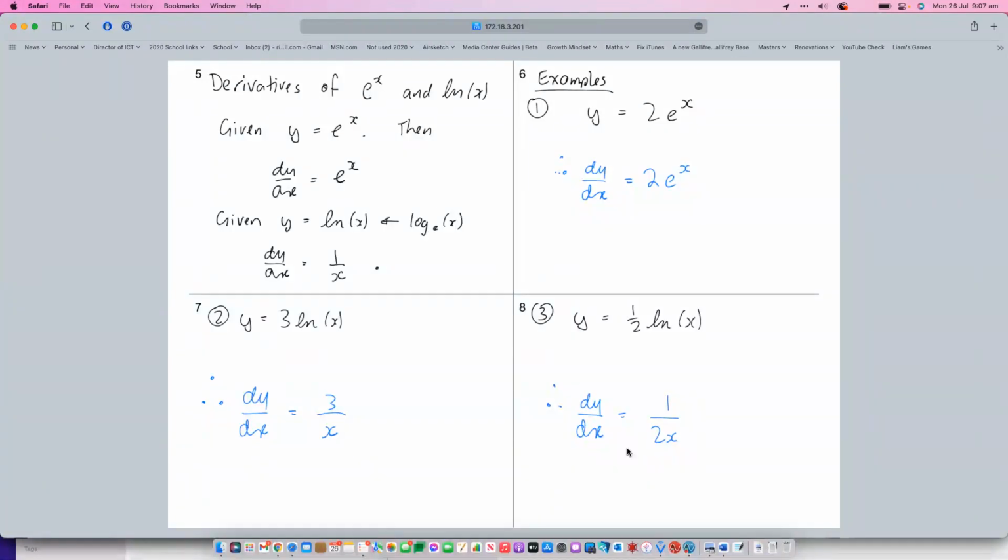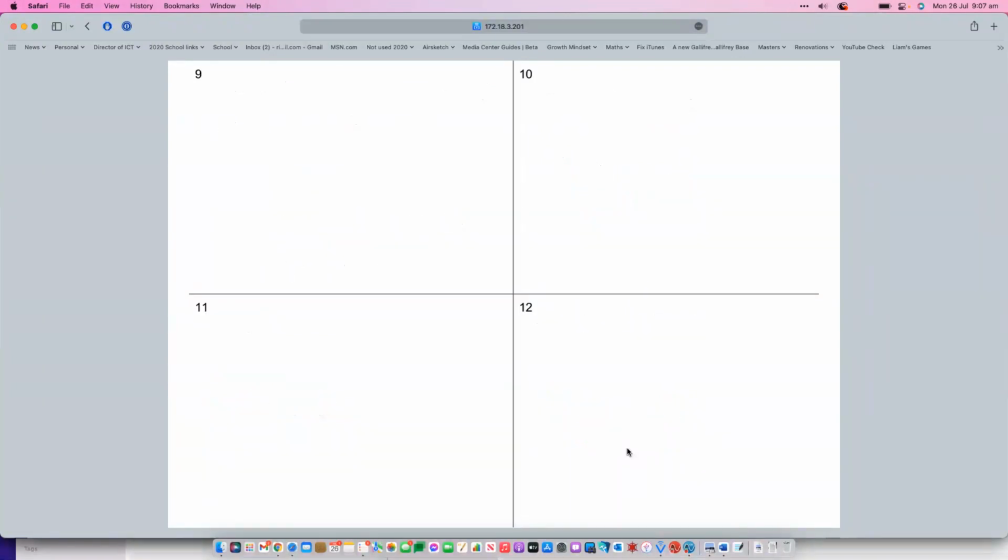I'm going to introduce you to a new rule, very informally. We've actually got a unit which covers it properly. But they're so simple that if I don't introduce this rule, you'll end up with very basic stuff to practice. What happens if I've got y equals e to the 2x? Believe it or not, it looks really simple, but there's a trick to it.